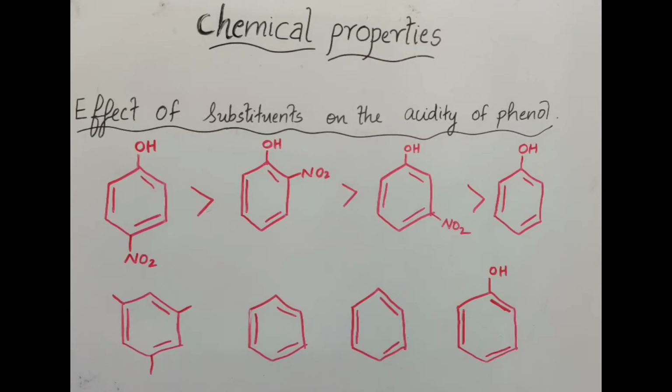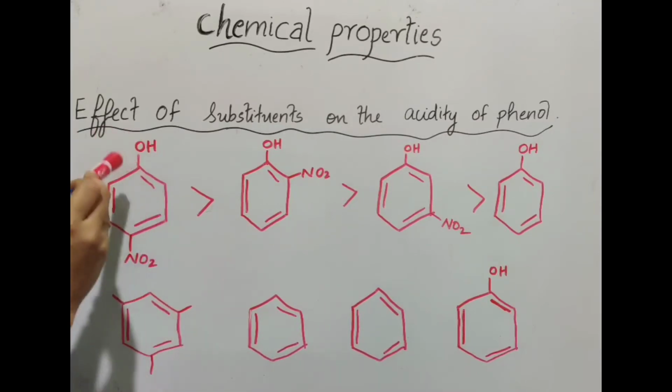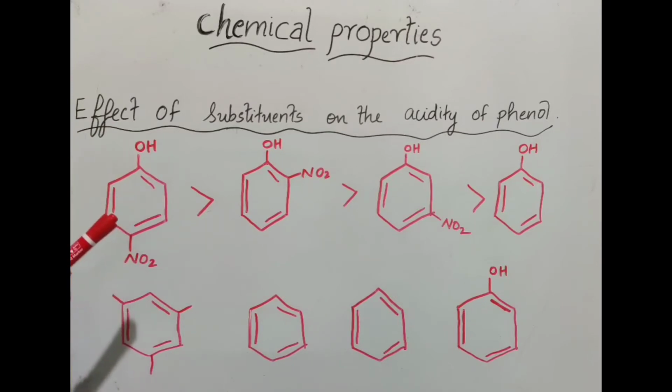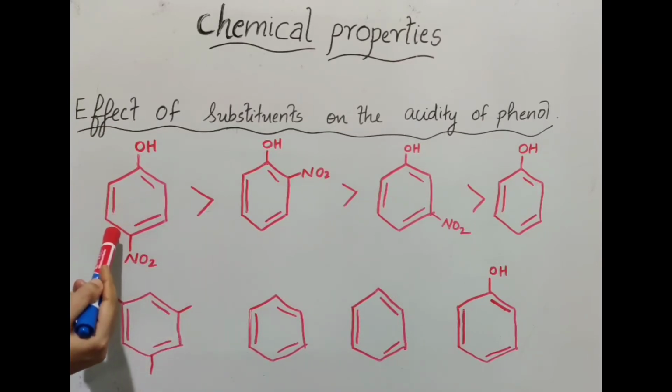Now next we are discussing that increasing the number of electron withdrawing group substituents increases the acidic strength. That is, if more than one NO2 group is present in one benzene ring itself, its acidity increases.